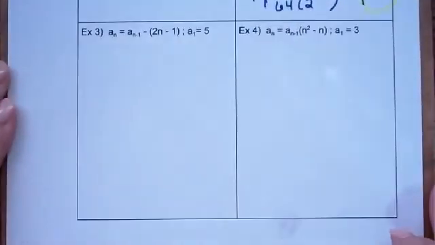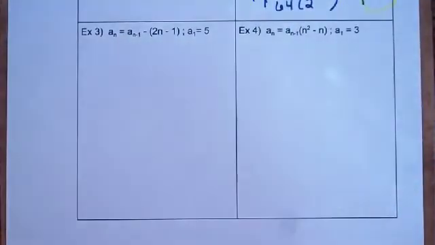Now, let's take a look at the next two examples. These two are a little more complicated. These are not simple arithmetic or geometric sequences, okay? These are going to be a little more complicated, so you really got to know how to organize your work to come up with the right answer.